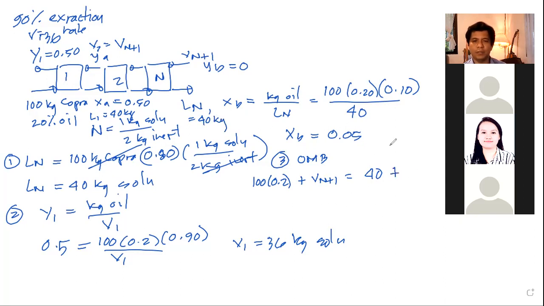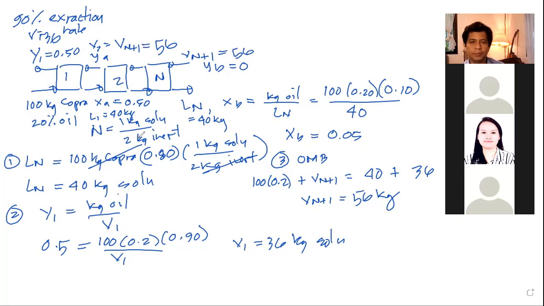Tapos yung lumalabas doon sa B1 is 36. So you can solve Bn plus 1. 76 minus 20, 56. 56 kilogram. So 56 ito, yung B2. This is 56.